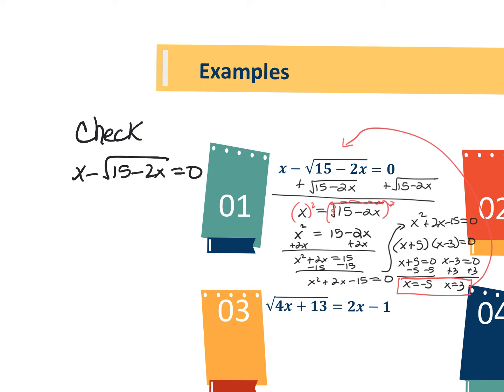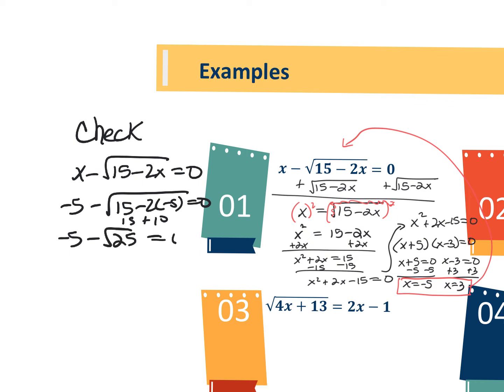I'm going to plug in the negative 5 first. Negative 5 minus, and I'm going to simplify what's under the radical. This becomes 25. The square root of 25 is 5. And negative 5 minus 5 is negative 10. Negative 10 does not equal 0. So this answer is out of here. This one doesn't work.